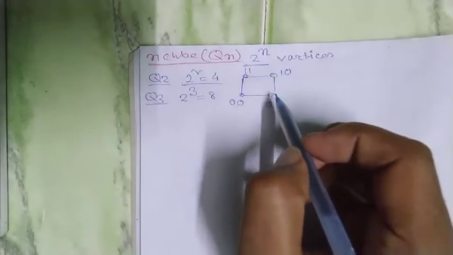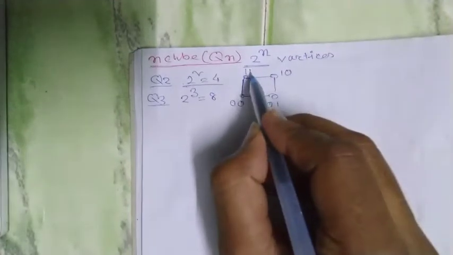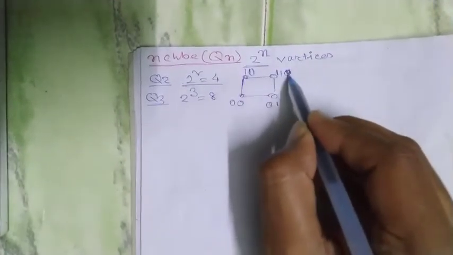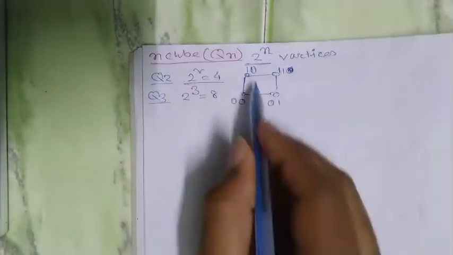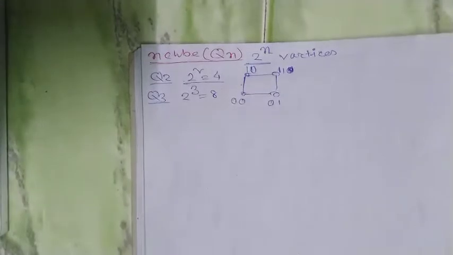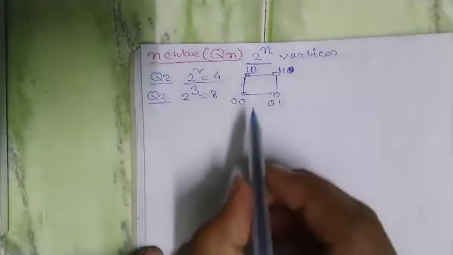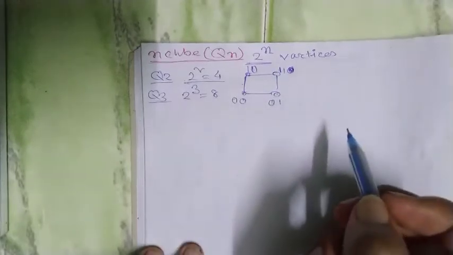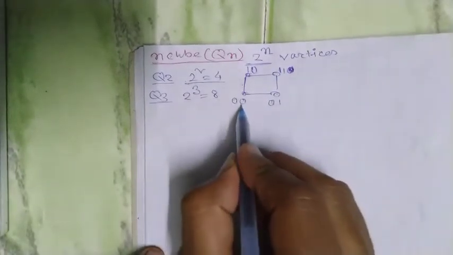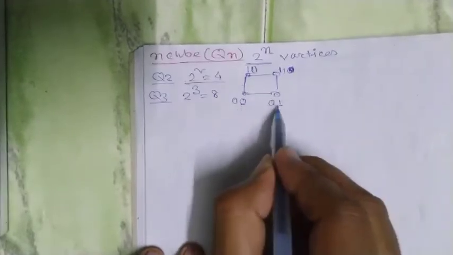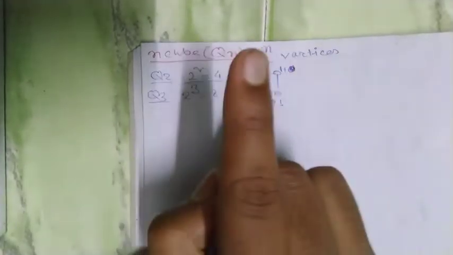Like see, the 4 vertices are denoted by 4 binary numbers, and look, this and this vertex are adjacent because this 0 is changed to 1, so there is a change of only 1 bit.